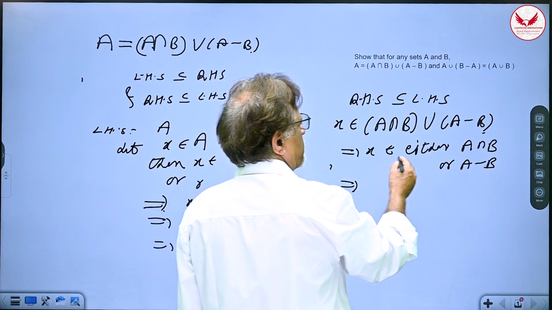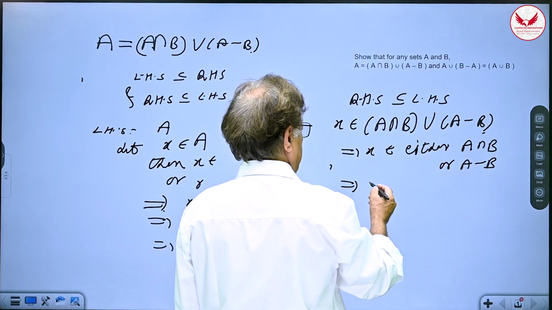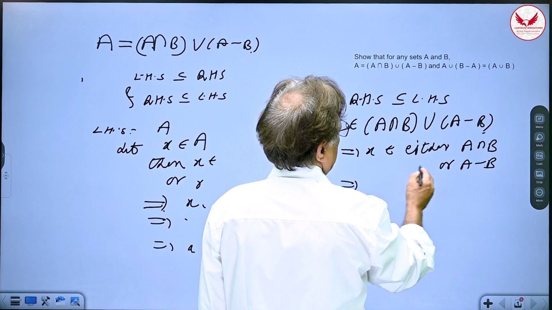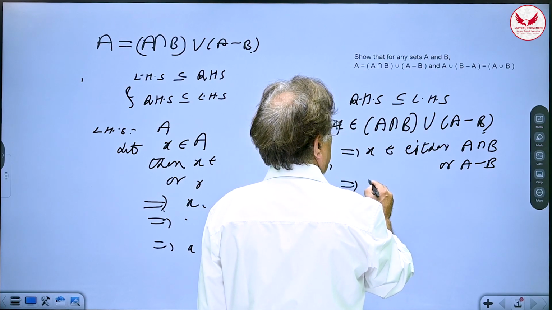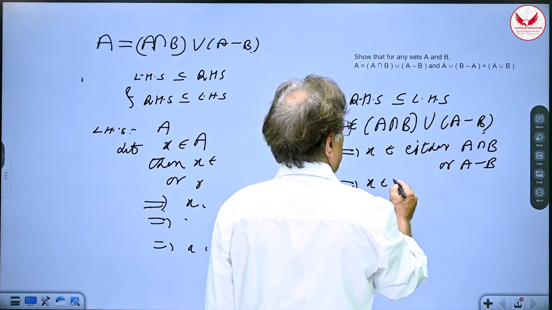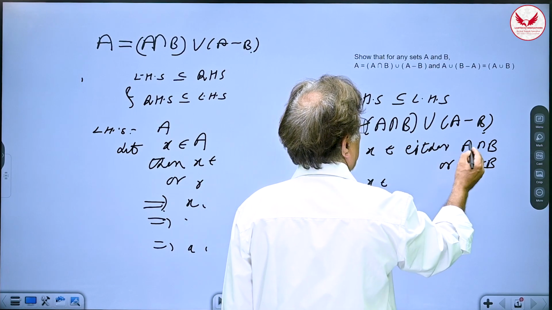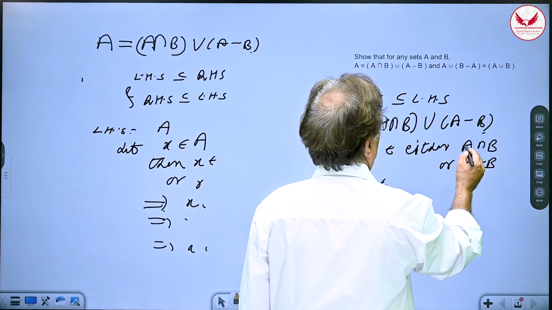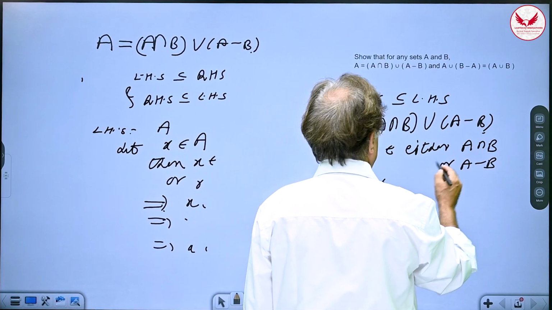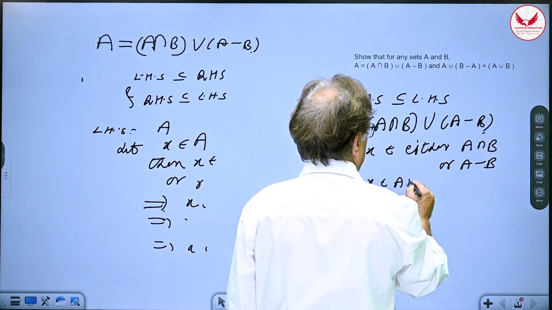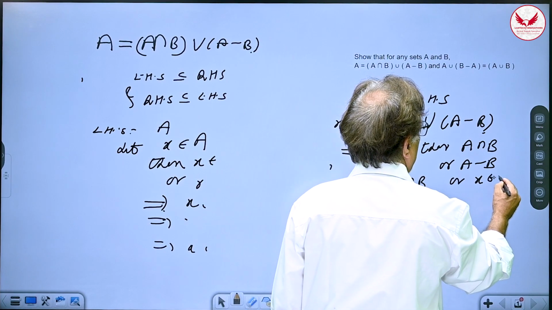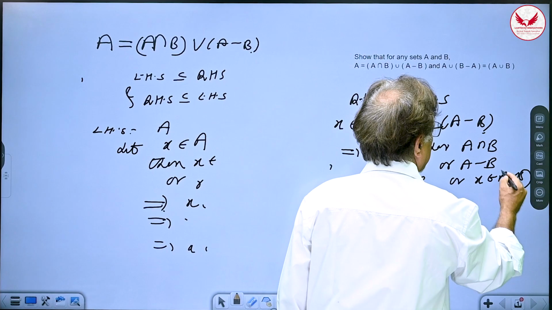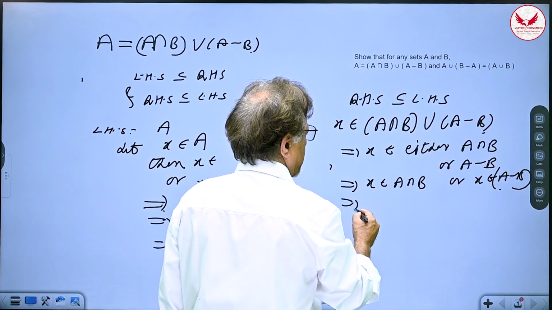Now, if X belongs to A intersection B, or X belongs to A minus B, correct? Now what does the first statement indicate?